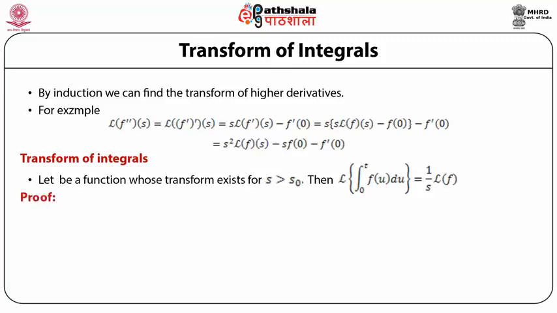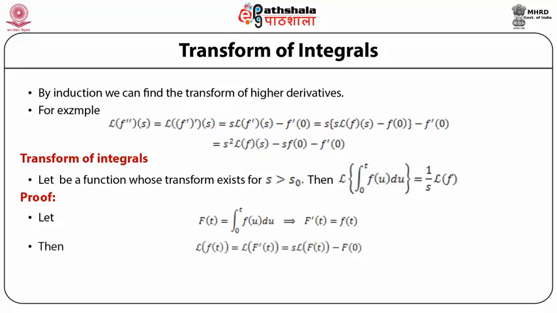Now we prove it. Let function capital F of t be equal to the integral over 0 to t of f of u du. This implies capital F prime of t is equal to small f of t. Then Laplace of small f of t is equal to Laplace of capital F prime of t. This is equal to s times Laplace of capital F of t minus capital F of 0.